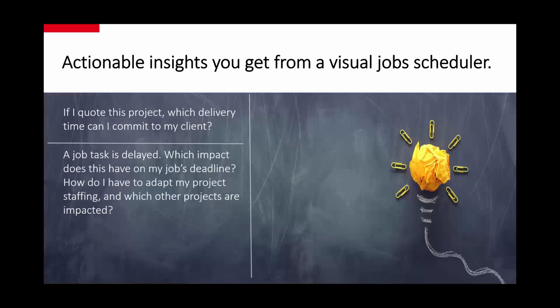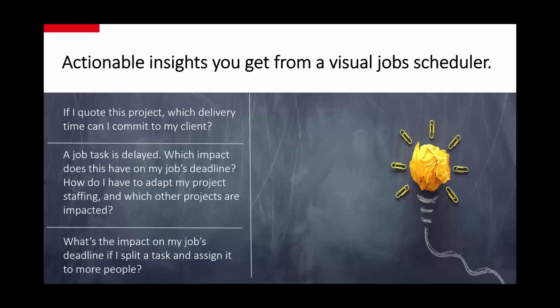Now this gets delayed for some reason, maybe also because your customer is not ready. Then you need to get the people on the project scheduled for the week after. But with which other project does this conflict? Will this put other timelines in other projects that you had these people assigned to under risk? So we give you visible and easy to act on information also on those aspects.